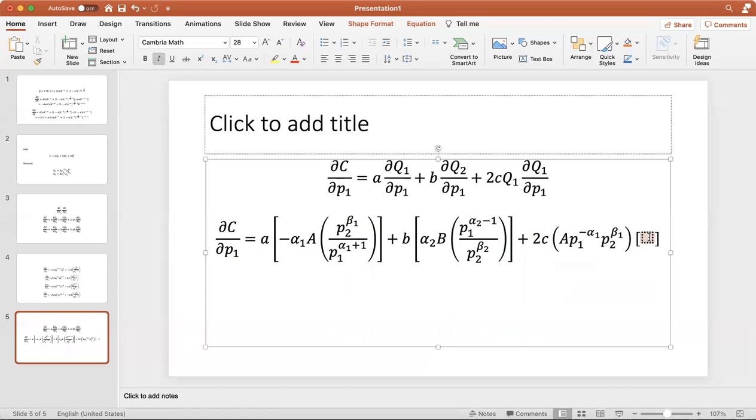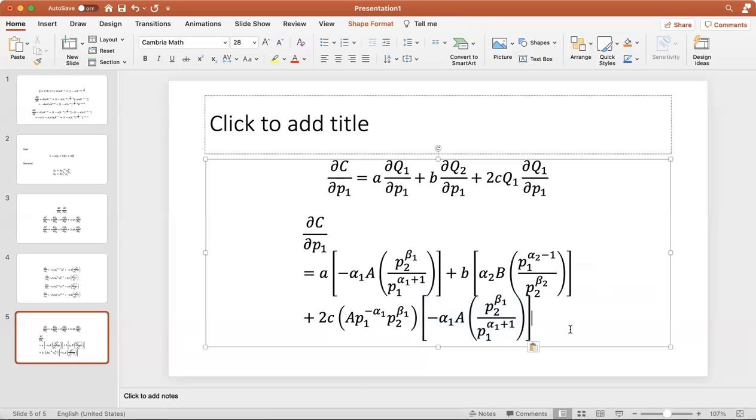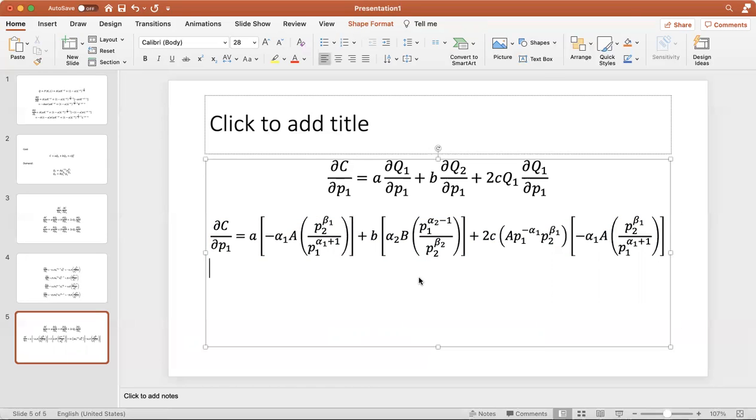Okay. So let me just resize this. Now it's up to you if you want to clean this up and factor things out. But then again, there's no real benefit anyway, since all of them are in terms of P1.